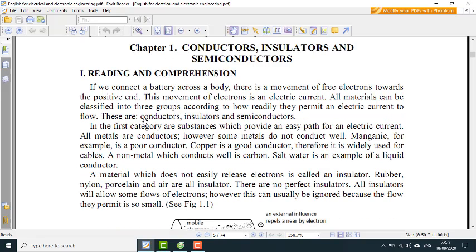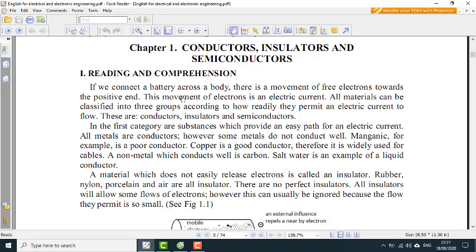Now, I will begin the lesson. Part 1, reading and comprehension. If we connect a battery across the body, there's a movement of free electrons toward the positive end.